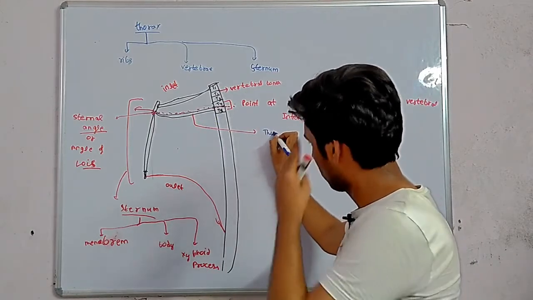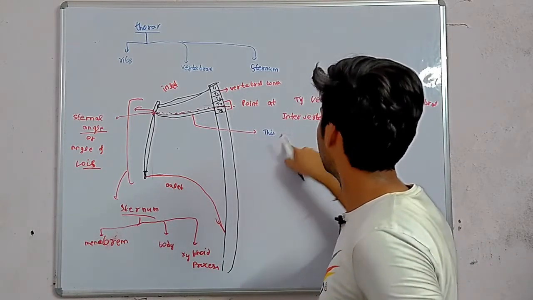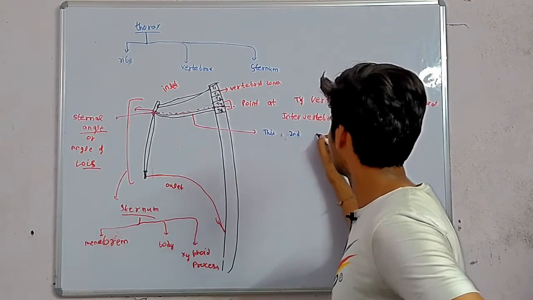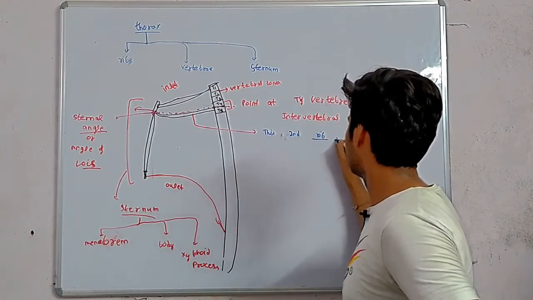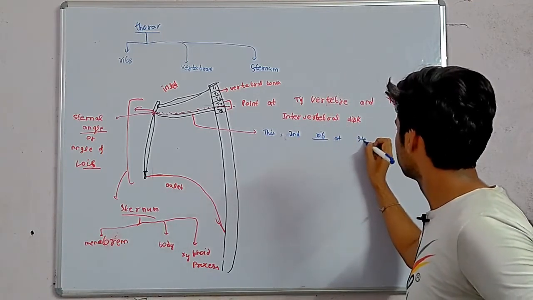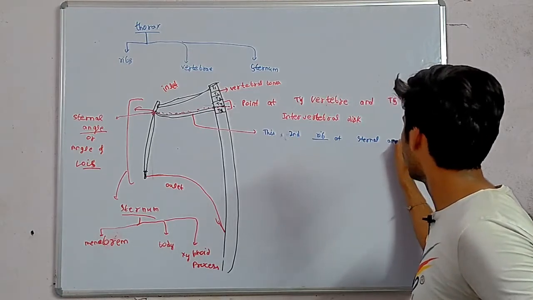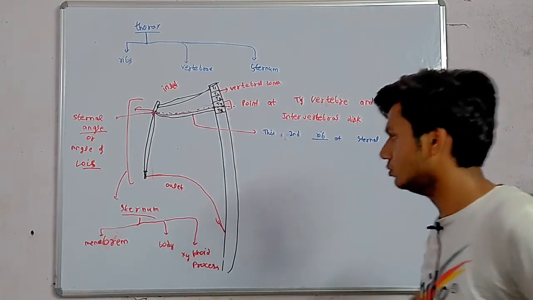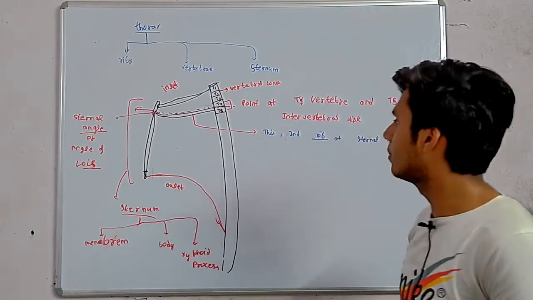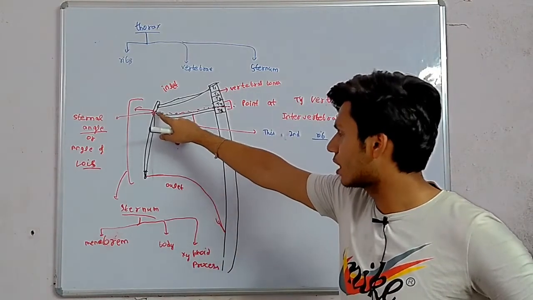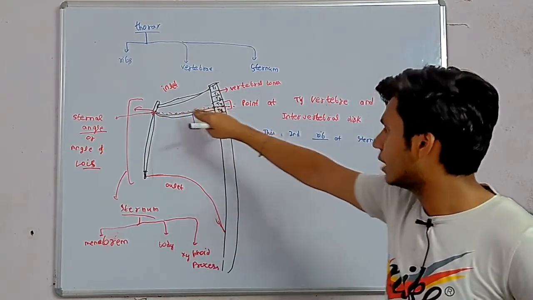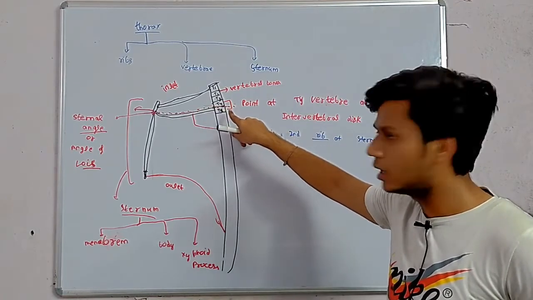This is second rib at sternal angle. Okay. So there are 3 main points. First, manubrosternal joint. Trace this behind to T4, T5 vertebral disc.